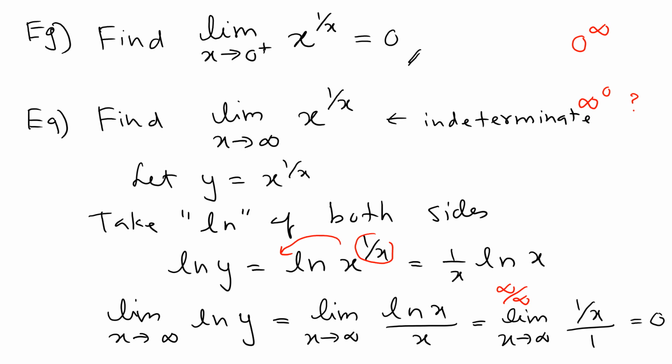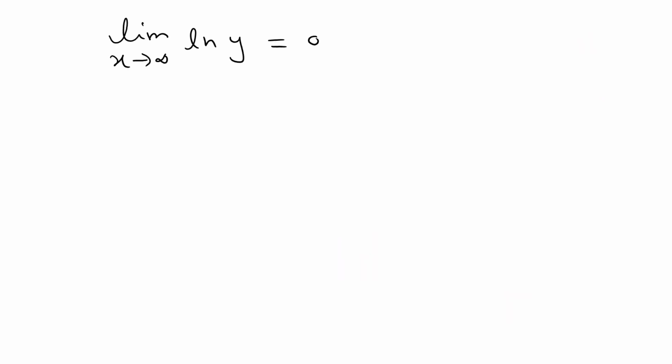If the limit is 0, now we can write using exponents. We have the limit as x goes to infinity of ln y equals 0. Now we can rewrite this using the exponential form: ln a equals b is equivalent to a equals e to the b.